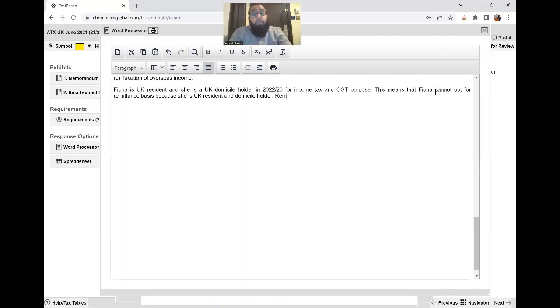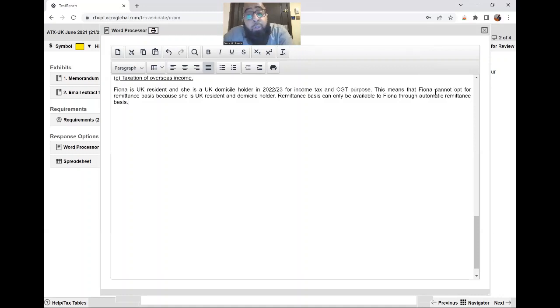Now, remittance basis can only be available to Fiona through automatic remittance basis. I hope you remember that there were two types of remittance basis. One was automatic and one was opting. The opting is not available to her because she is resident and she is domicile holder.